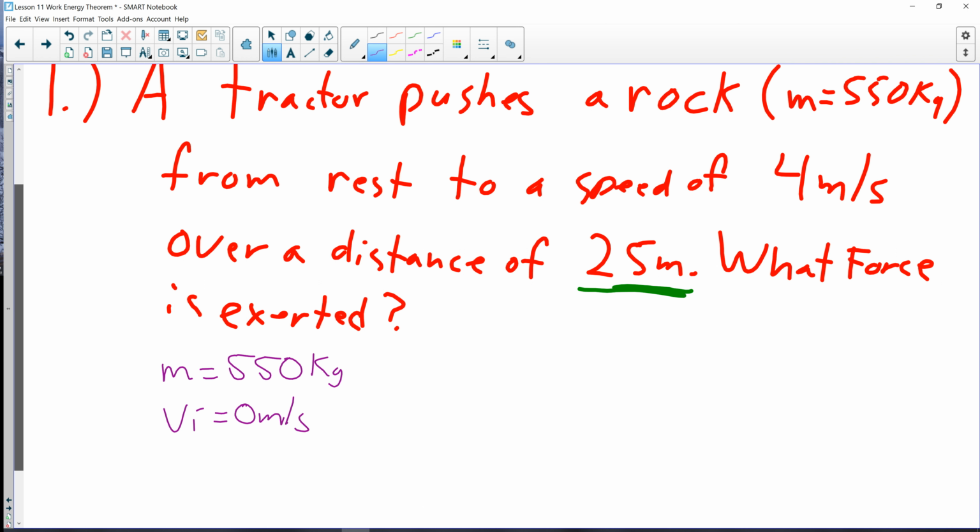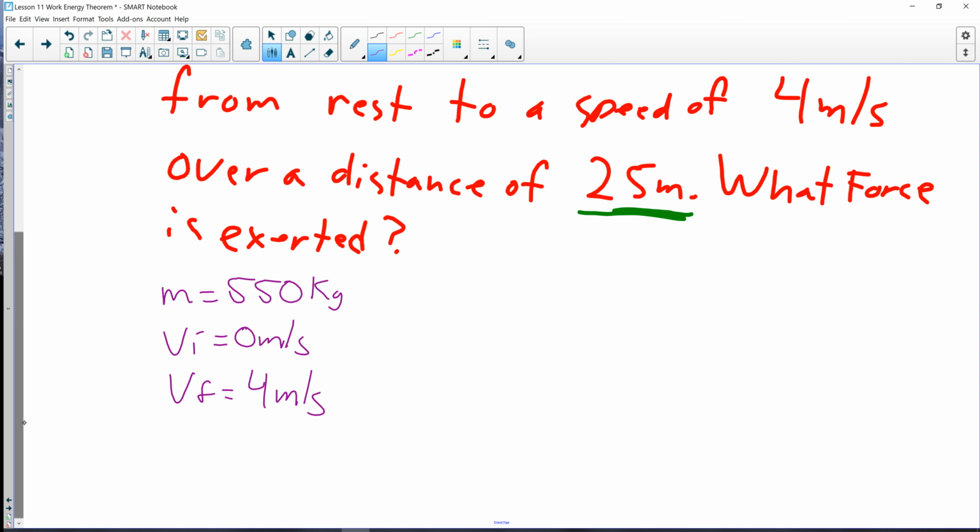So what does that mean from a kinetic energy perspective? Does it have any kinetic energy initially? It doesn't. And it says it accelerates to 4 meters per second, and it does that over a distance of 25 meters.